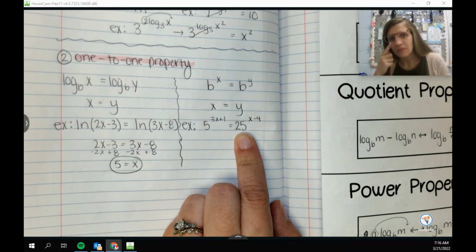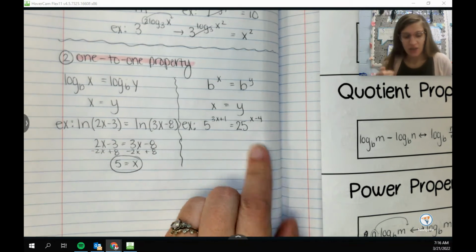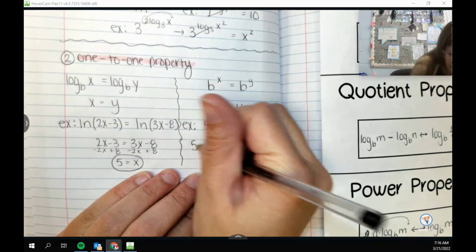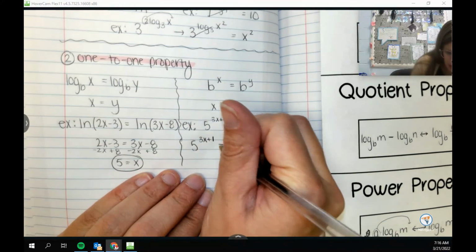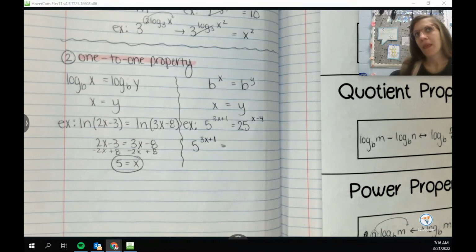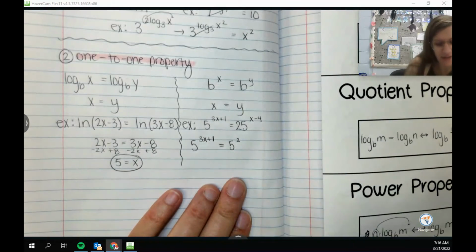However, I can make 25 look different. So 5 to the 3x plus 1 stays the same. But 25, I can rewrite so that it looks like 5 squared, because that's still 25.